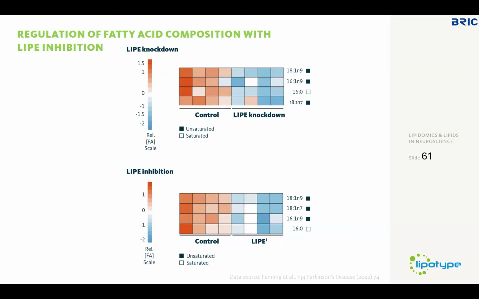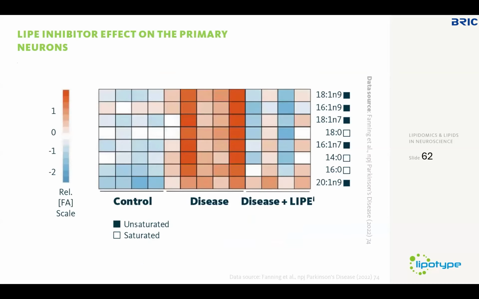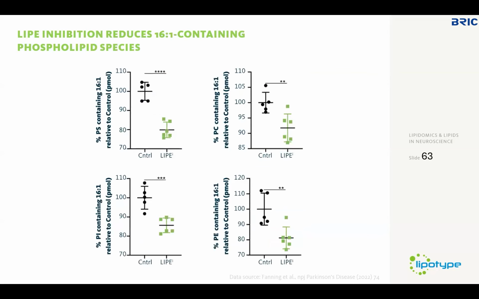And we saw similar effects of pharmacological inhibition on the primary neurons, and all these studies also allowed us to check not only triglycerides, but also phospholipid species. We see a large drop with the LIPE inhibition in PS, PC, PI, and PE phospholipid species containing 16:1 fatty acid.